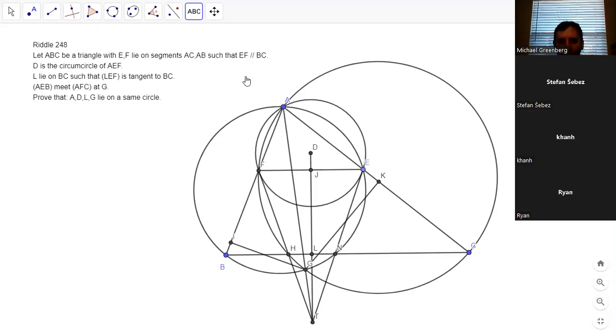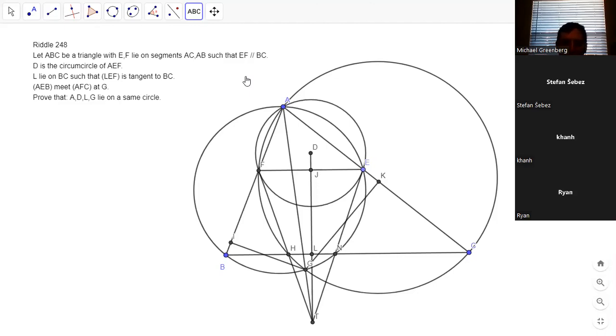Since the spiral similarity at G takes B to E and F to C, and it also takes I to K. Then we know that GI over GK is BF over EC, which is also AB over AC since EF and BC are parallel.